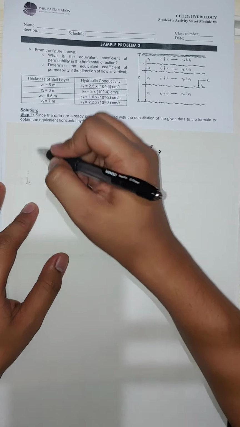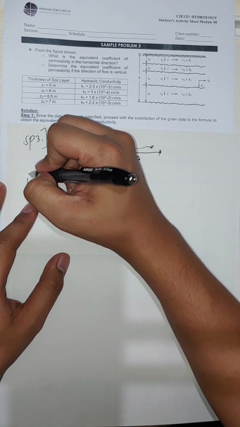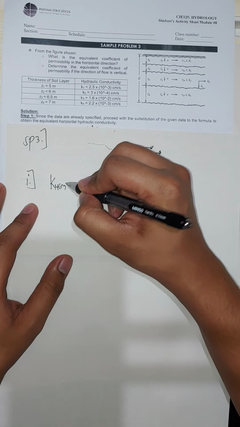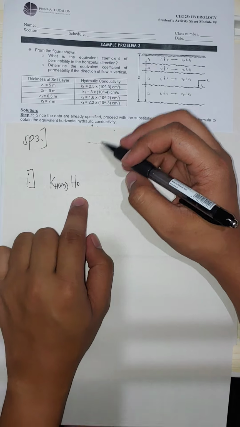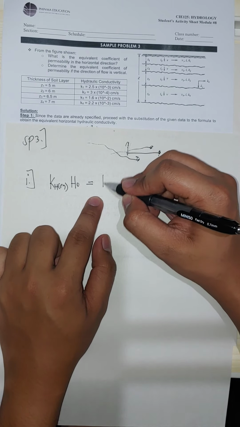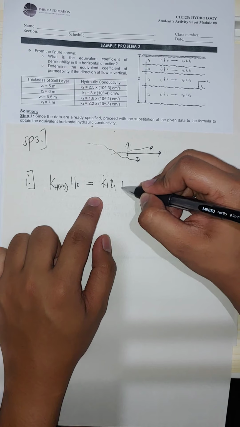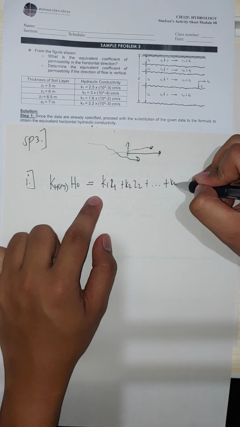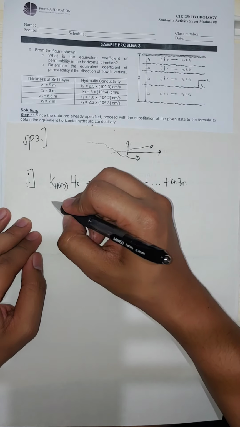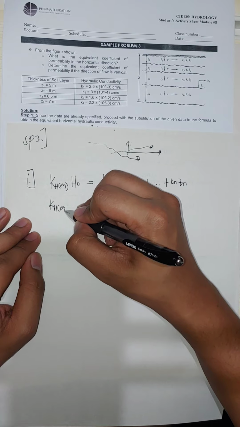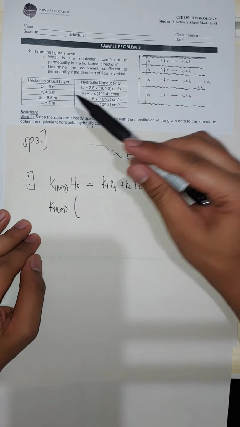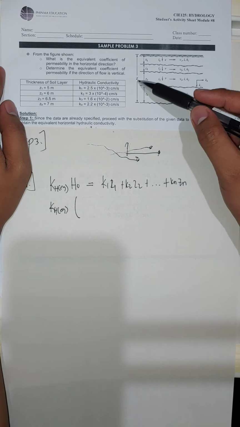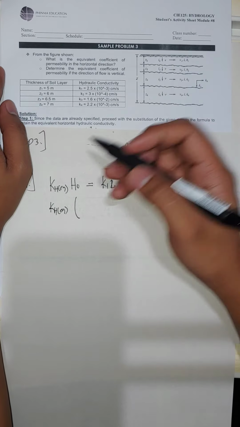Okay, for this is our sample problem number 3. So if you remember, ato ang horizontal equivalent, that is just equal to, H0 man siya ang total thickness, and then equal to K1 times Z1 plus K2 times Z2 until sa Kn Zn. Itong horizontal equivalent. So ang atong total thickness, that is just total thickness, Z1, Z2, Z3, Z4. So here gigamit niya ang H, so I think much better if Z ang unit.